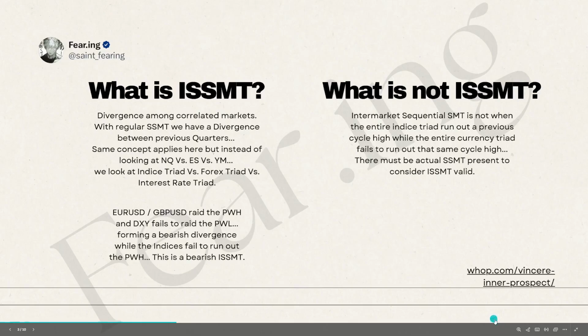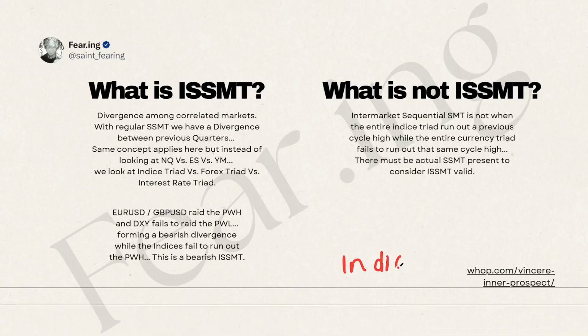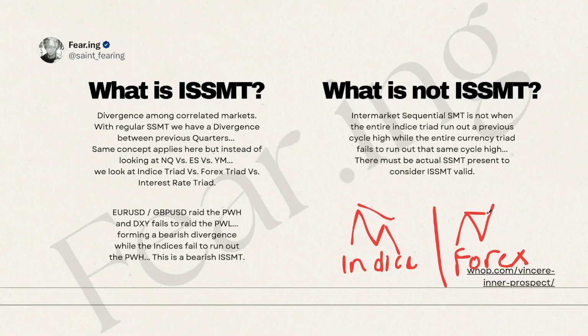So it would be something like this, where we'll say this is the indices and this is Forex. Indices do this, Forex does this. Now, hold on here. This is more specifically Euro USD runs the previous high while DXY fails to.